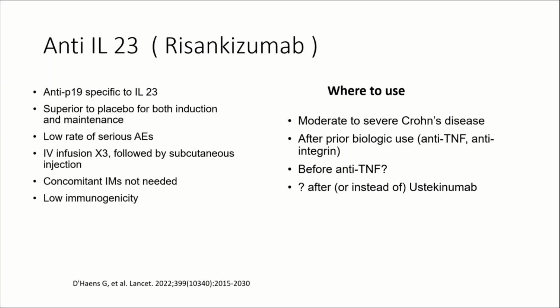And where to use, I think the place for this will be in moderate to severe Crohn's disease, also in patients who have not responded or have failed prior anti-TNF or other biologics. Should we use it before anti-TNF therapy, or can we use it after or instead of ustekinumab? I think that at least the answer to the last question is still pending.